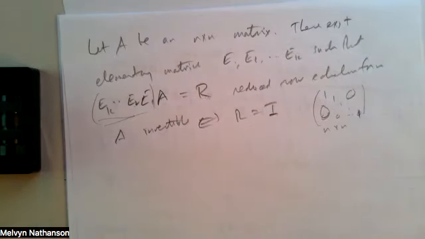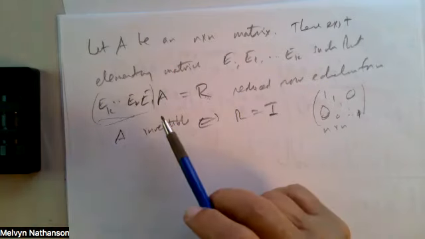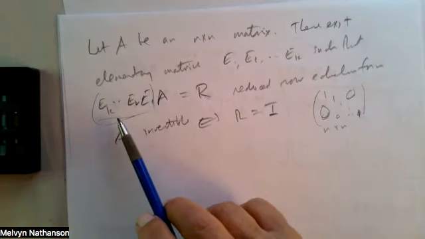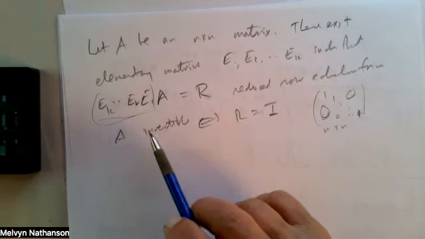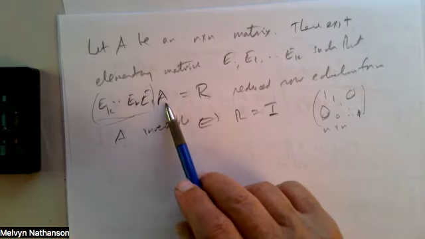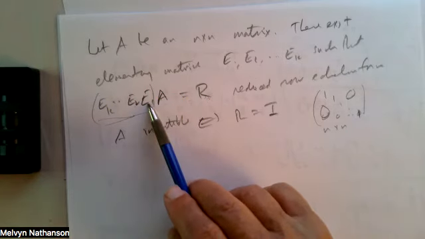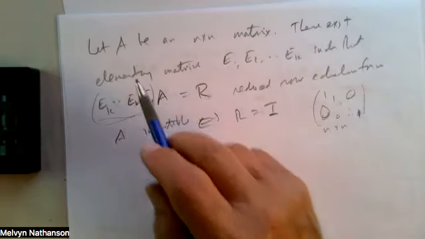I'll talk about this more on Wednesday because this really takes a little bit more time. But if you start with the matrix A, you multiply it by elementary matrices to put it in reduced row echelon form.